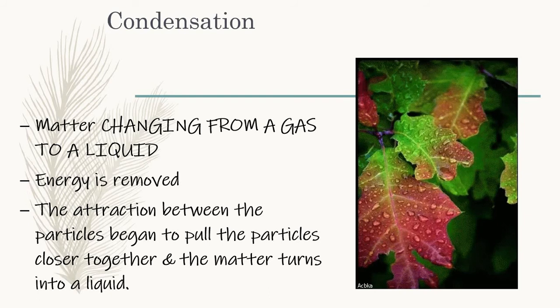In the ice cold drink, the water vapor present around it loses heat energy when it comes in contact with the cold glass. The water vapor then condenses and becomes droplets of a liquid on the glass. Condensation also produces dew on plants and grasses early in the morning. It also causes rain.